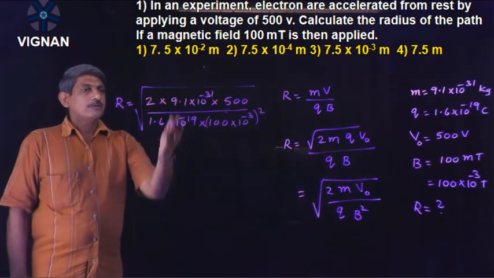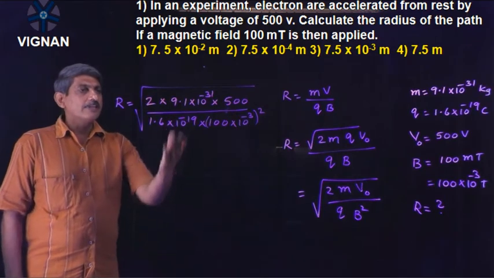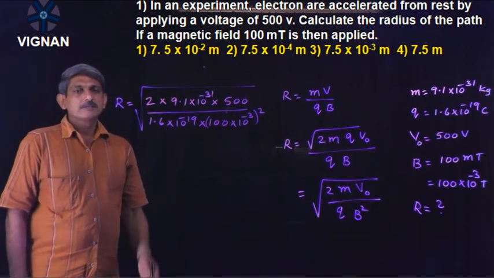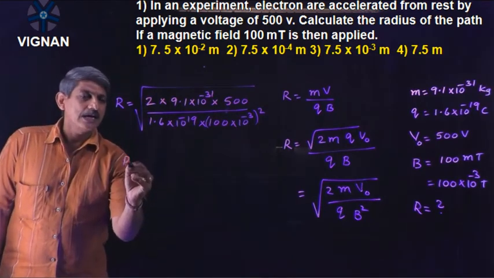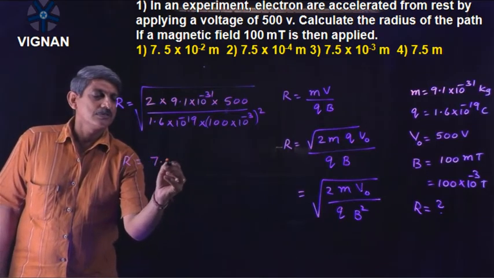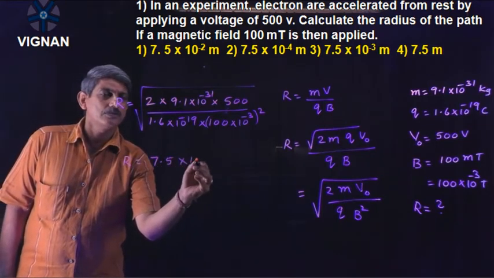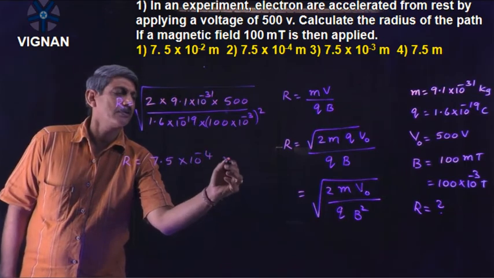So by solving this numerically, we get R is equal to 7.5 into 10 to the power of minus 4 meters.